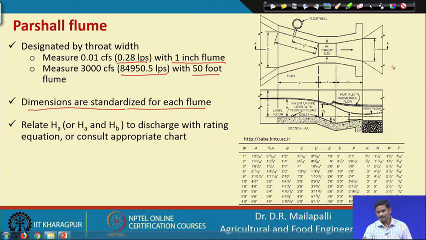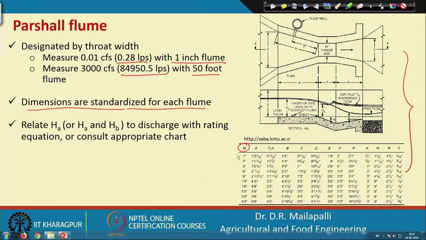If you see here, this table gives the dimensions of different sizes of flume. W is the throat width, which is the flume size. For each size, the other labels are presented here: A, 2/3 A, B, C, D, E, F. The lengths or dimensions are decided based on this table.